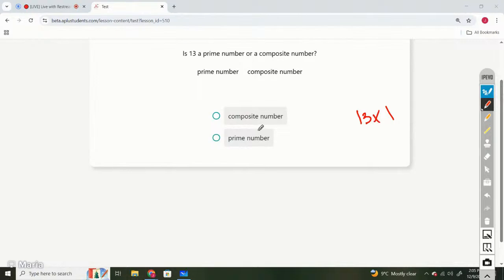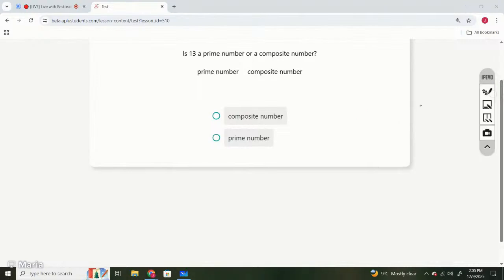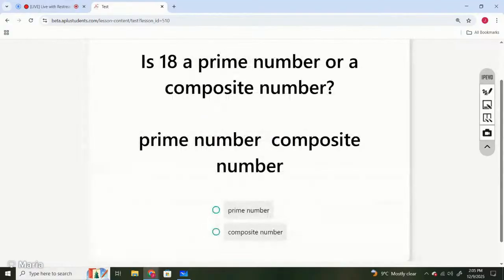So 13 is a prime number. We do not have any other numbers that when multiplied make 13. So 13 is a prime.